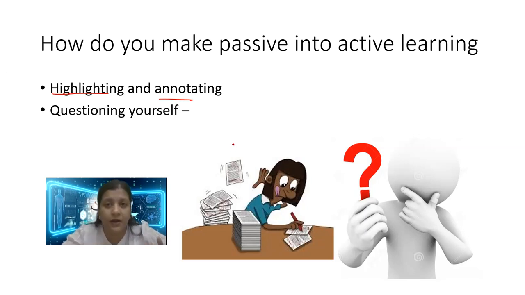When you have studied a particular subject, you have to solve the MCQs, and whatever MCQs you are making a mistake at, please make small notes of that and put it at the beginning of that chapter, so that once you go to that chapter again, you will read those points first, and then you will be able to recollect. And whenever you're revising, the annotated points will always be there for your rescue before going for your exam. Then question yourself.